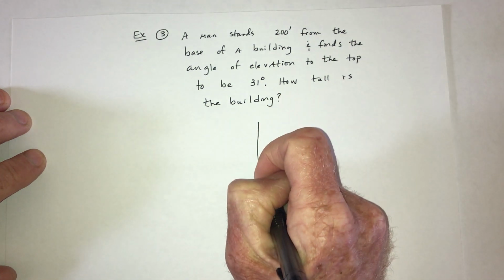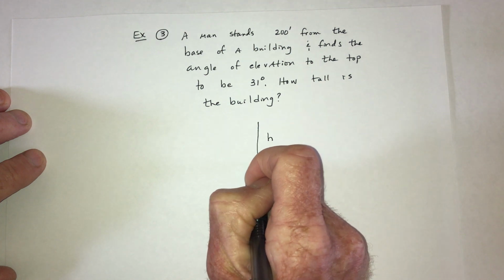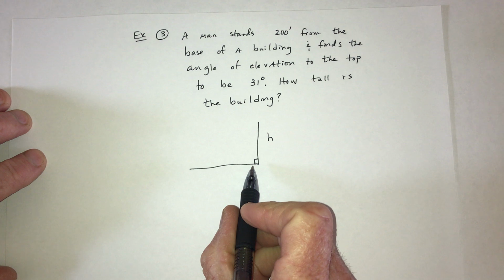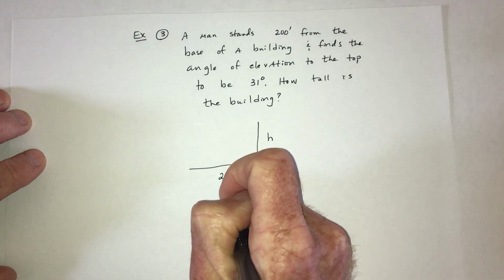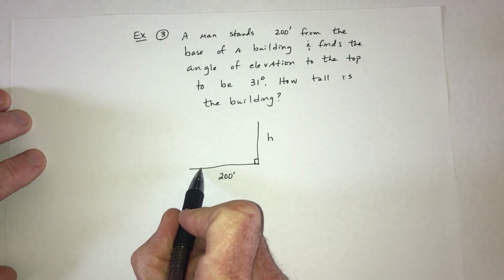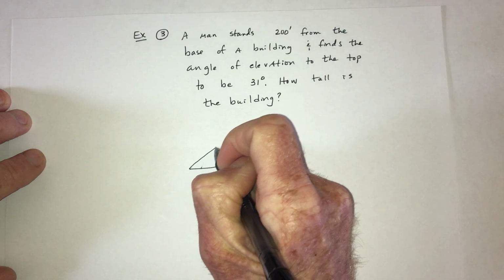So this is going to be the building, and I need to know its height h. This is assuming that the building is standing upright, that it's not about to fall over. And this person is standing 200 feet away. An angle of elevation means looking from the ground up to the top of the building.